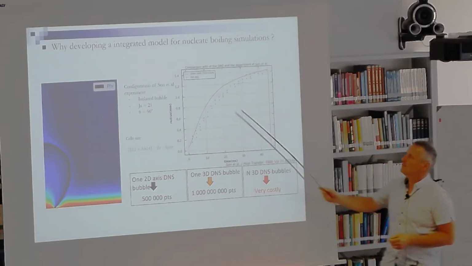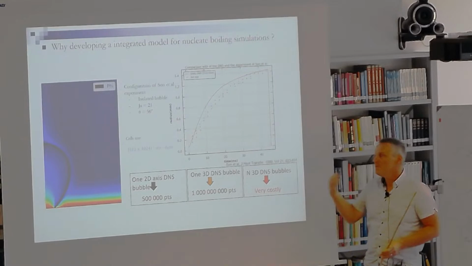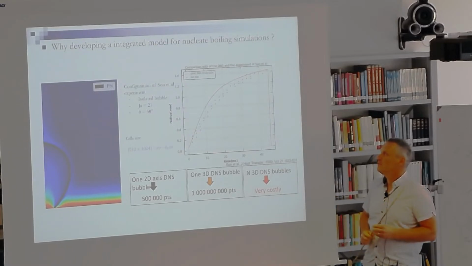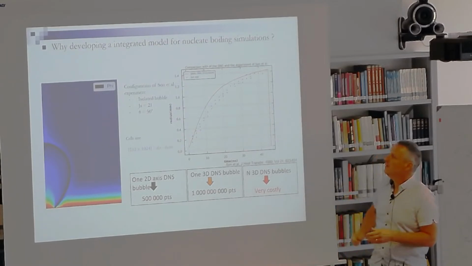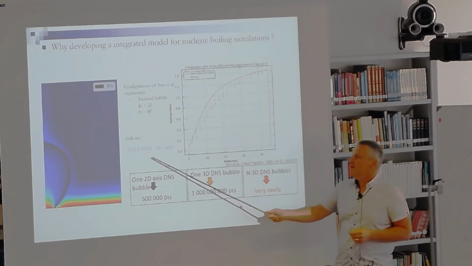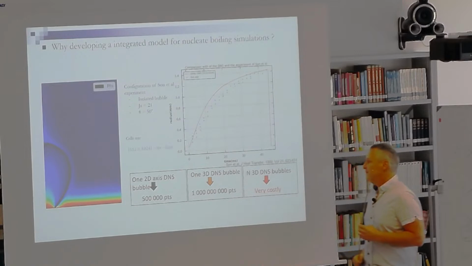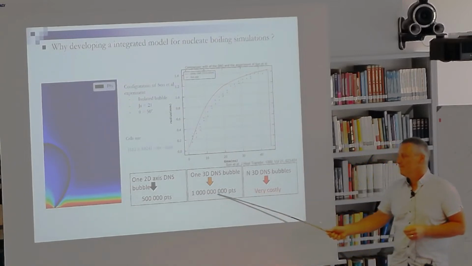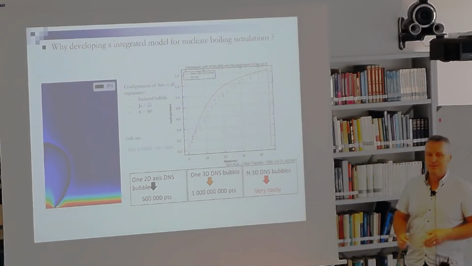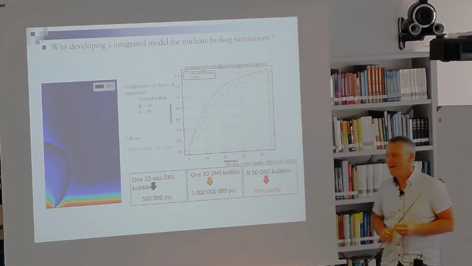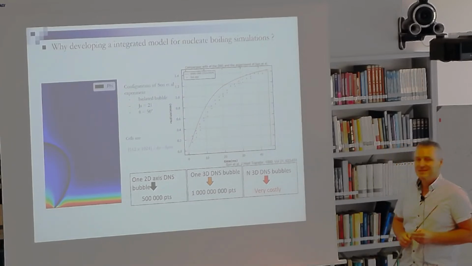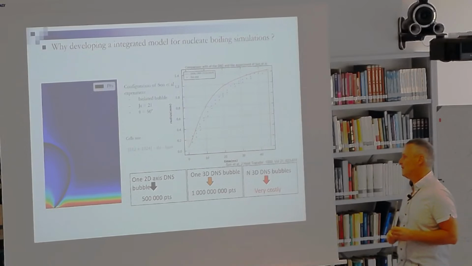Of course, if we just take a coarser grid of only 500 points in each direction, it will be just 100 million points, and the result will not be so bad, but it is still very expensive for just one bubble.